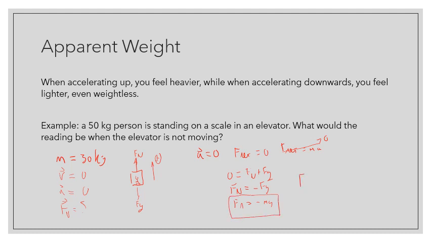So the normal force is equal to negative 50 times 9.8. So Fn is equal to 490 newtons up. It would be negative 490 newtons down, so we just converted to up. So it's 490 newtons up.